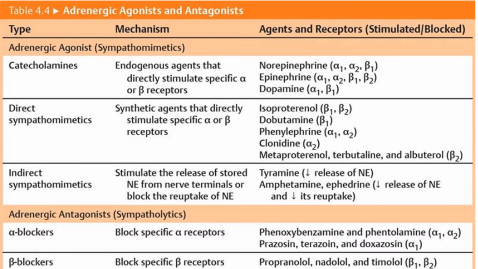And beta-2 lives almost exclusively in the lungs, in the bronchial tubes. There'll be some occasional exceptions that we'll come to, but let's just keep it at this level for now. So what's it going to do to a beta-2 receptor? It's going to bronchodilate the bronchial tubes.